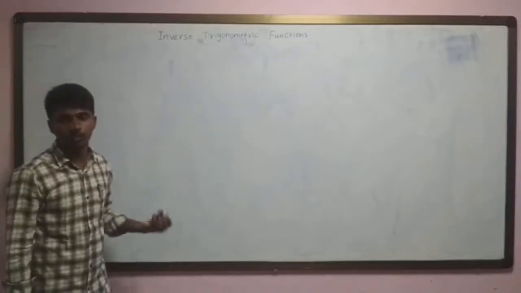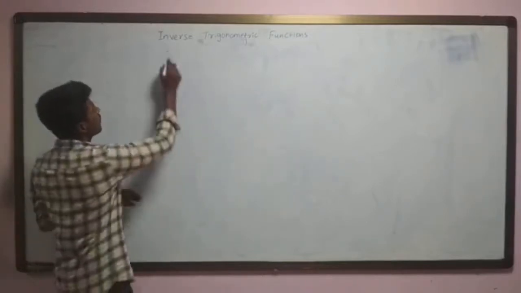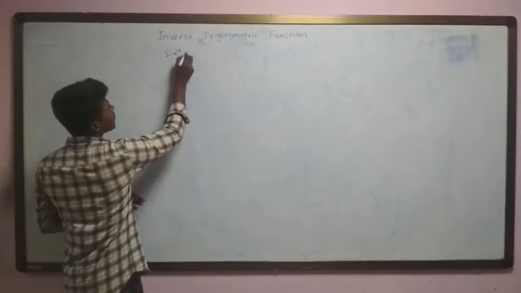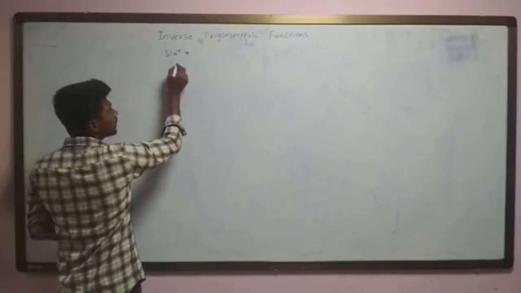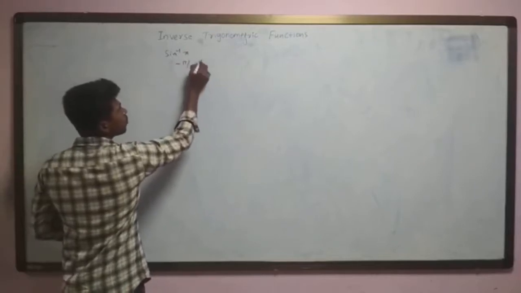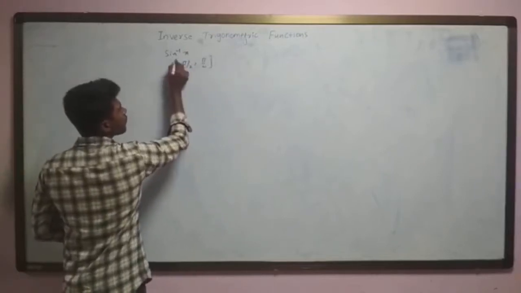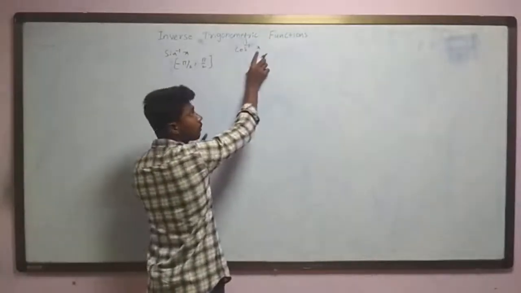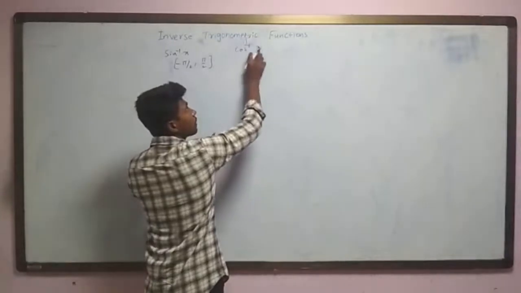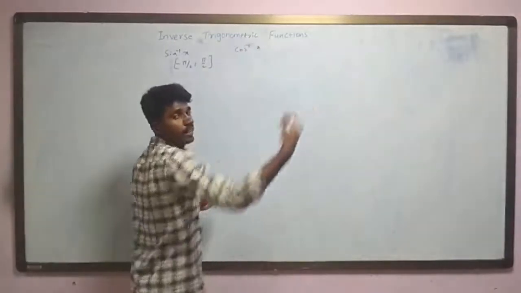So let me discuss in which quadrant the inverse functions lie. If I take sine inverse x, this total function lies in between minus pi by 2 to pi by 2. Cos inverse x, I am not talking about the x, the entire function, meaning its range, where its range lies.